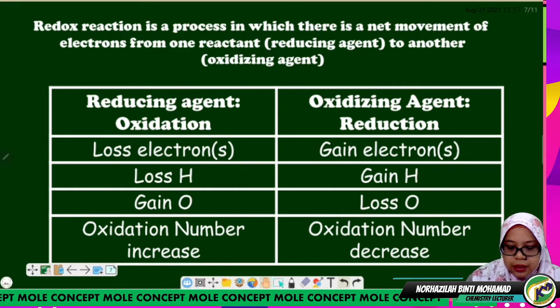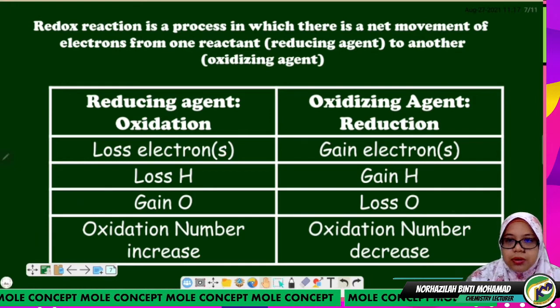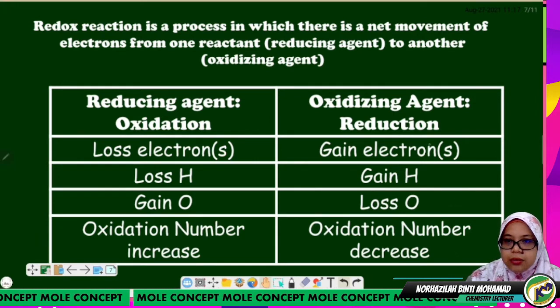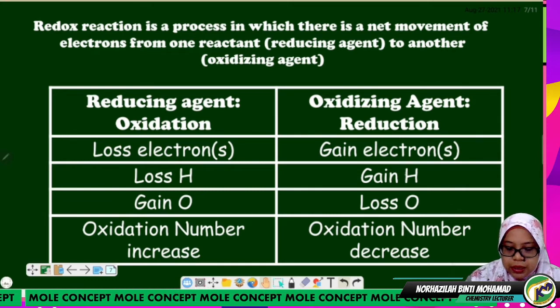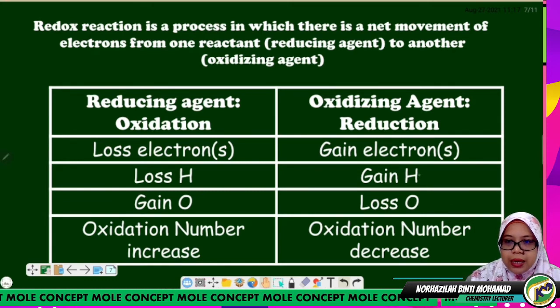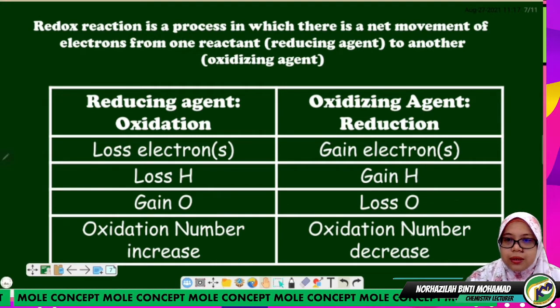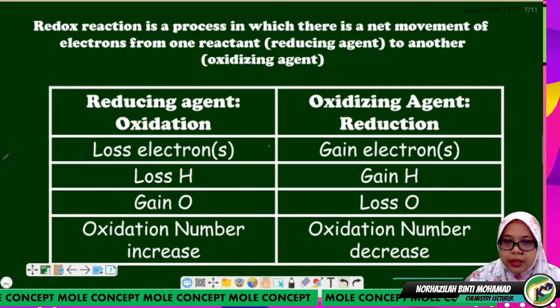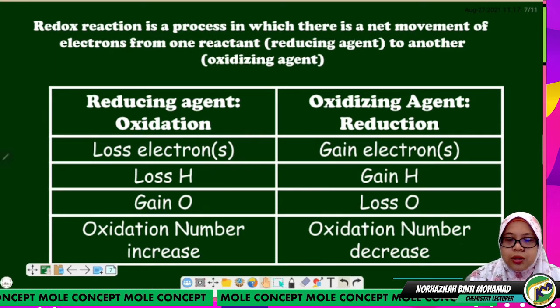For the oxidizing agent that undergoes reduction, the reactant will gain electrons, gain hydrogen in the formula, or lose oxygen from the formula, and the oxidation number is decreased. So we will look at these four criteria to identify whether the reactant undergoes oxidation or reduction.